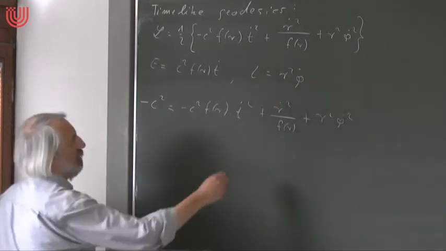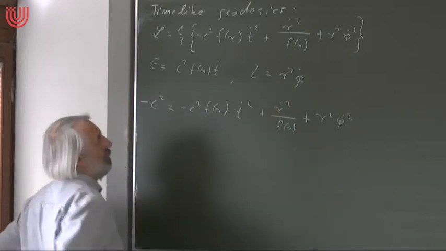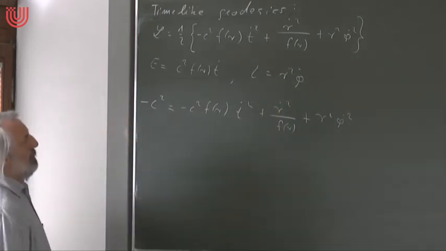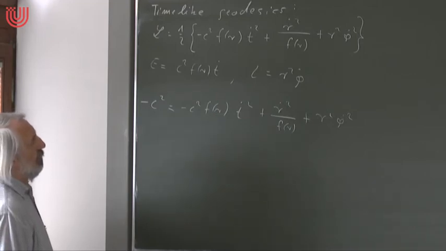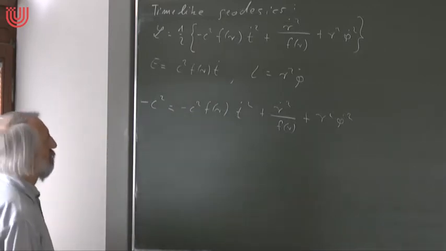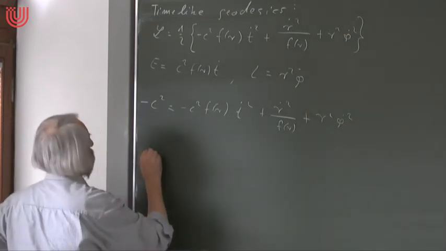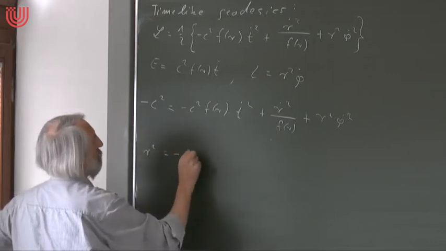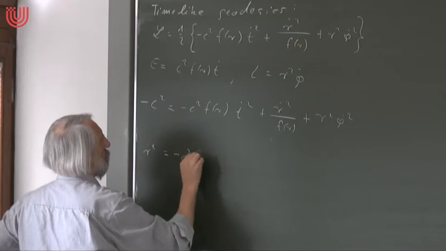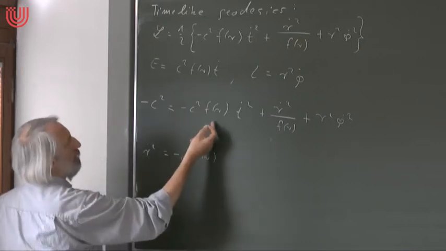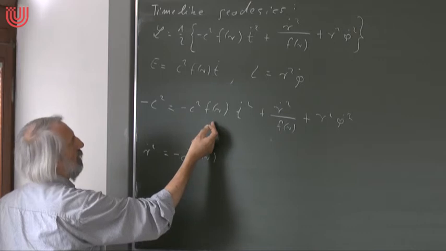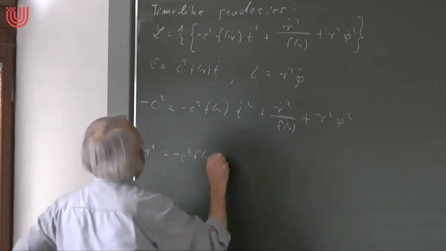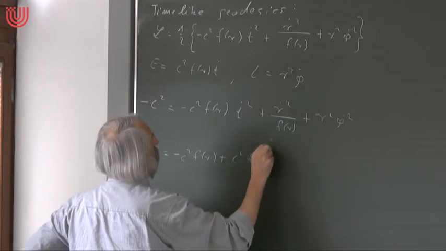Okay, so I'm interested in the question of whether r plus can actually be reached, in the quantity r dot. And from this quantity, I want to read some information about the possibility to reach the singularity. So I want to solve for r dot squared. Then I get, this is on the other side with a minus c squared f of r, this becomes plus, and I have an f of r squared.